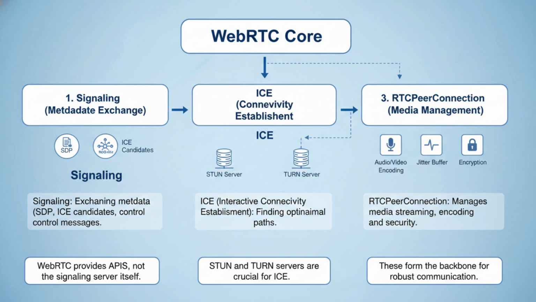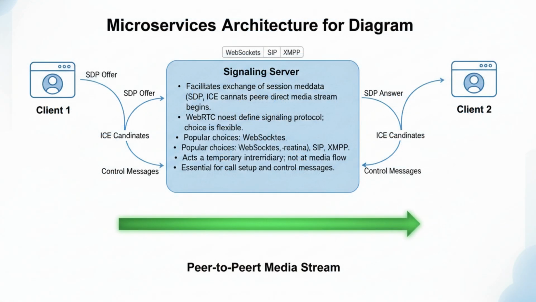It handles the encoding and decoding of audio and video, manages network jitter, and ensures secure, real-time data transfer. Together, these three components form the backbone of any WebRTC application, working in concert to provide a robust and efficient communication channel.